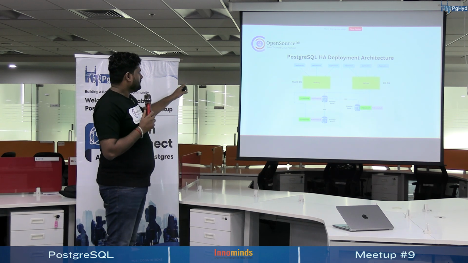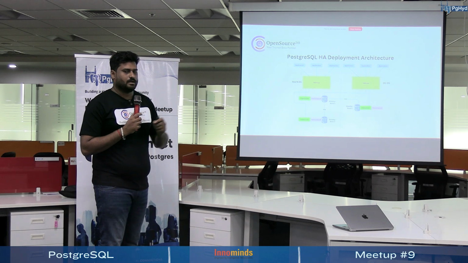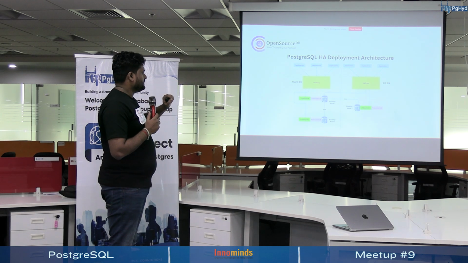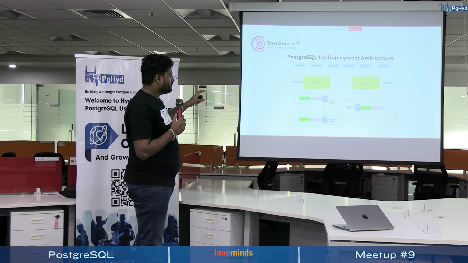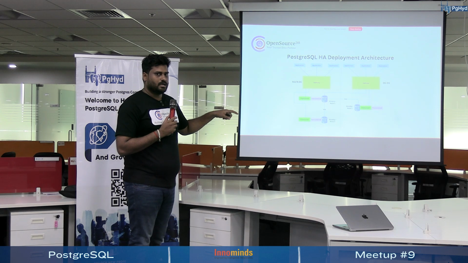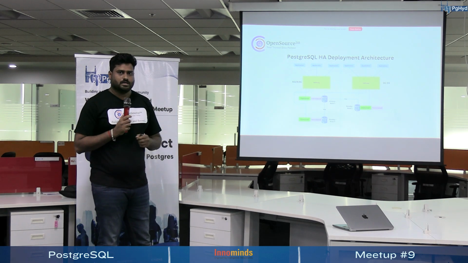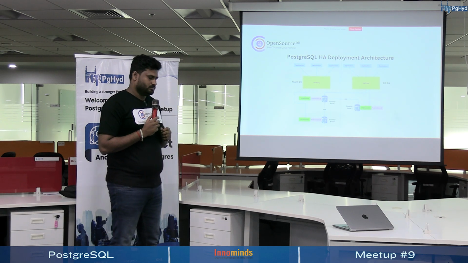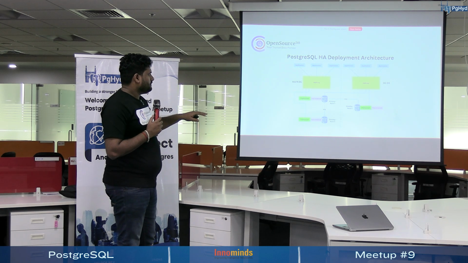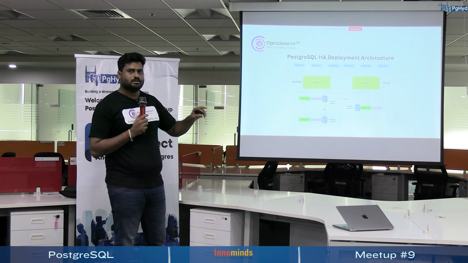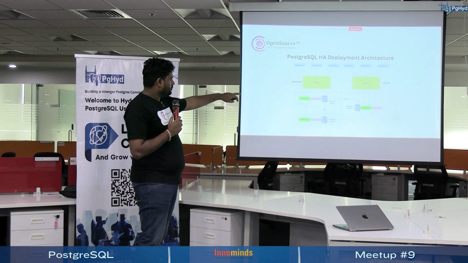Out of the 3 servers in the DC region, one server is allocated to HAProxy, and the remaining 2 nodes will have Postgres, along with Patroni with etcd as a distributed configuration store, and also a PgBouncer for connection pooling.